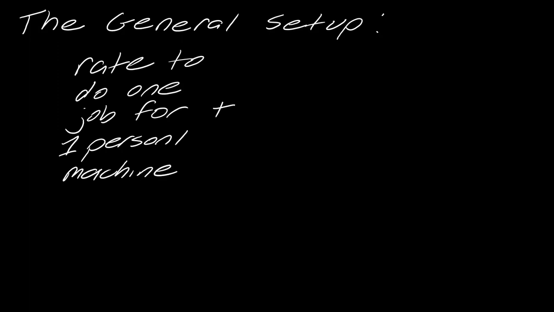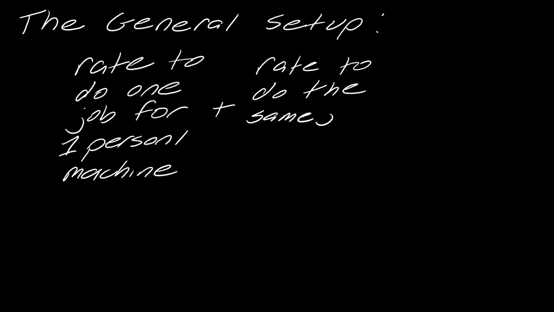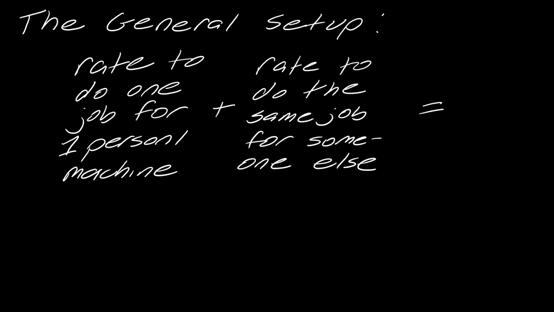And then you have the rate to do the same job for someone else, or a machine or whatever it is. Those two things together are going to equal the one job that you're trying to do. This is the setup. It's very, very basic actually.